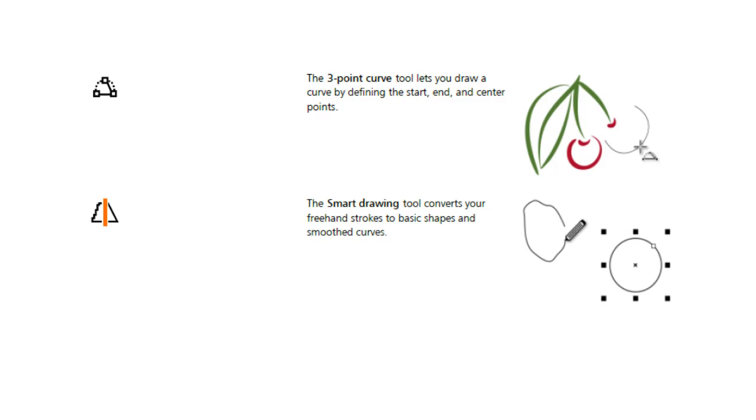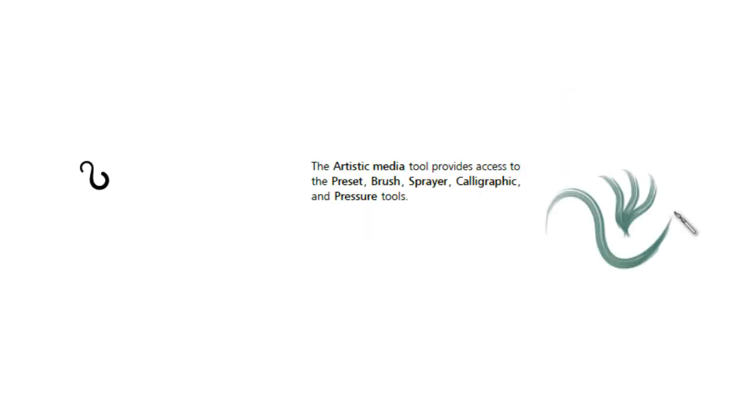The Three-Point Curve tool lets you draw a curve by defining the start, end, and center points. The Smart Drawing tool converts your freehand strokes to basic shapes and smoothed curves. The Artistic Media tool provides access to preset, brush, sprayer, calligraphic, and pressure tools.